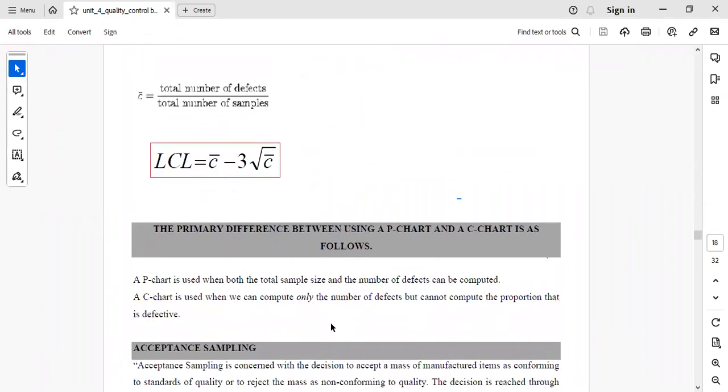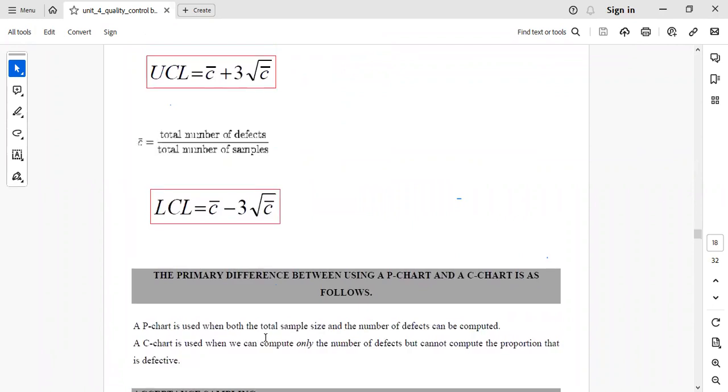And so what is the difference? We are saying the P chart is used when both the total sample size and the number of defects can be computed. So you are able to get the sample and the number of defects from each of the samples. But the C chart is for when we can compute only the number of defects, but cannot compute the proportion that is defective.